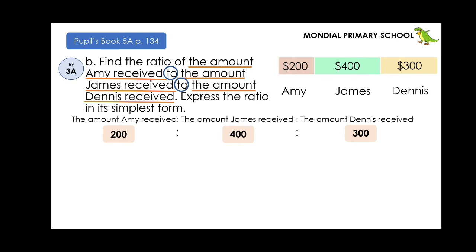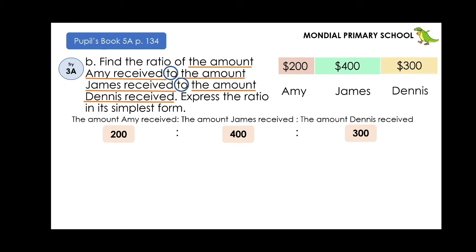Well done. The amount Amy received to the amount James received to the amount Dennis received equals 200 to 400 to 300. Can this ratio be simplified? Yes. What is a common factor of 200, 400, and 300? 100.